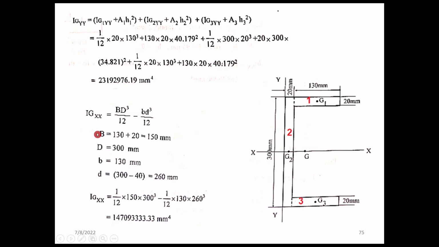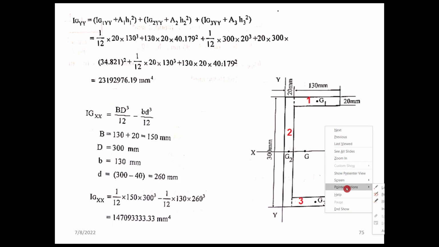Alright. And the IG x-axis also can be calculated similar to the previous one, but here they did it in a different way, accounting for the similarity. That is, if you consider a rectangle on this place, I'll just draw that.